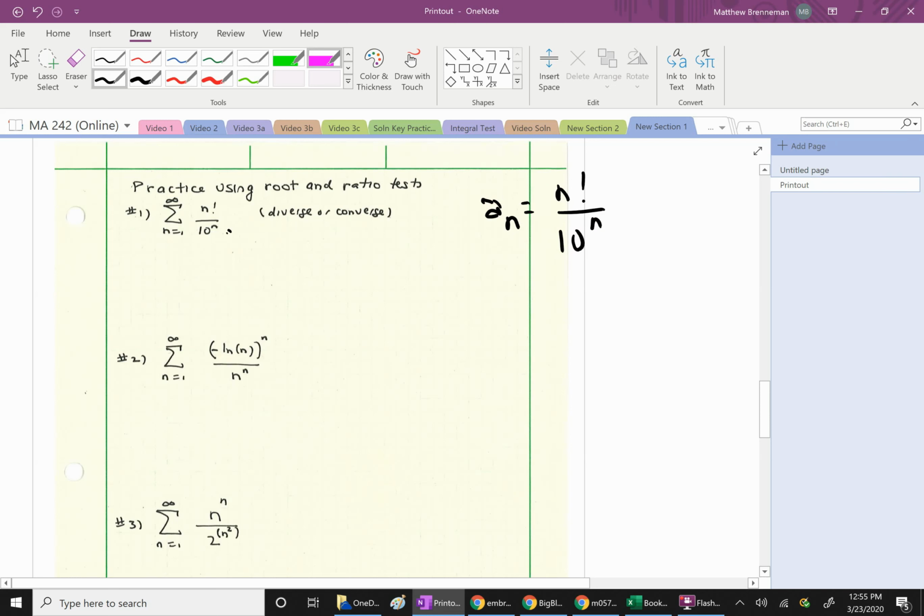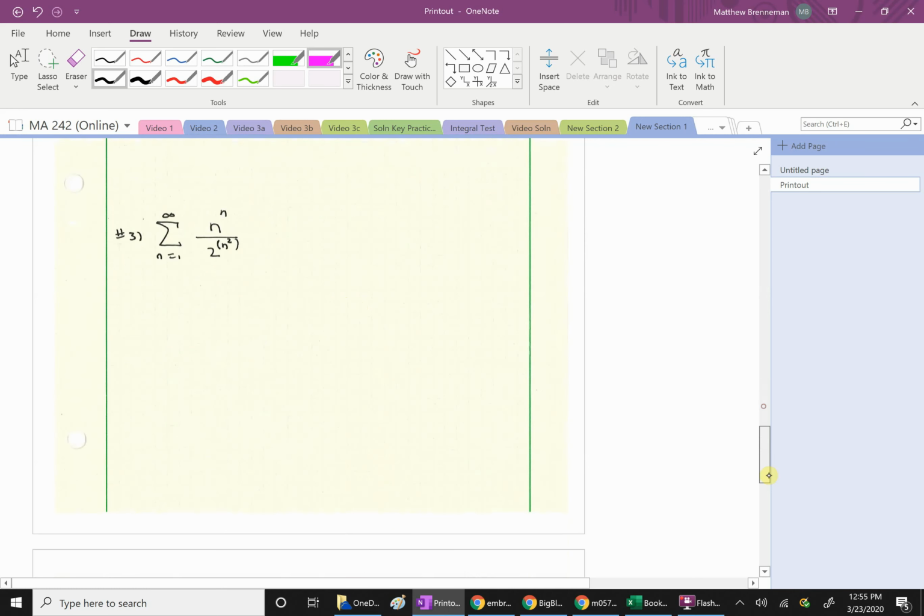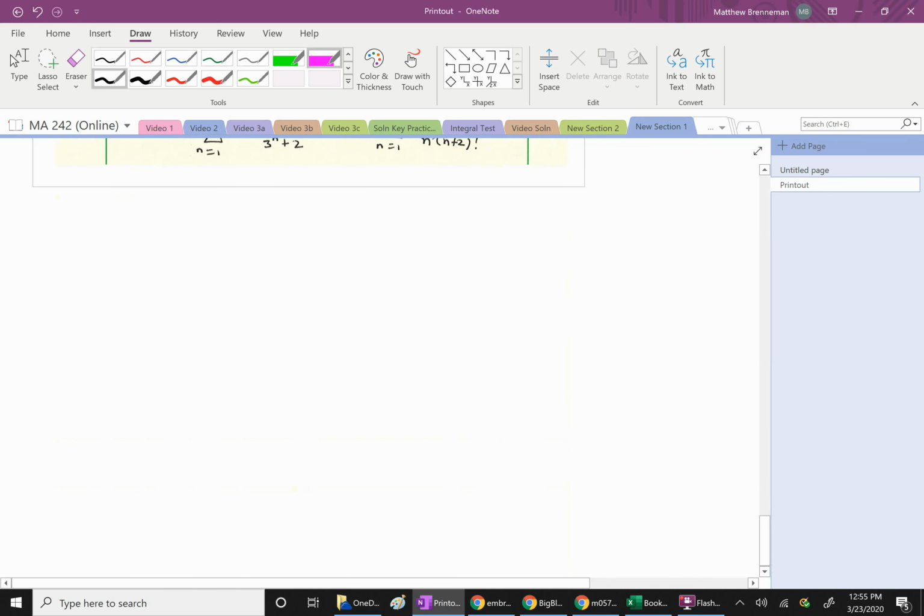Now, the first thing I'm going to do is try the test for non-convergence. So what does the test for non-convergence say? I'm going to skip to another page.